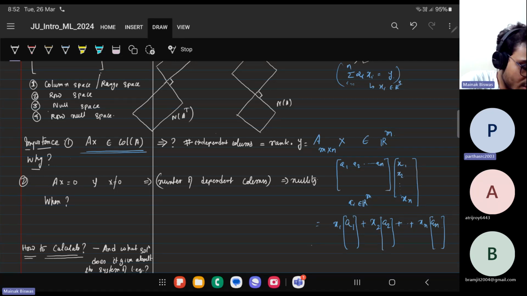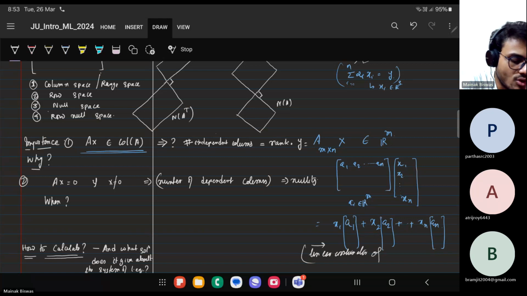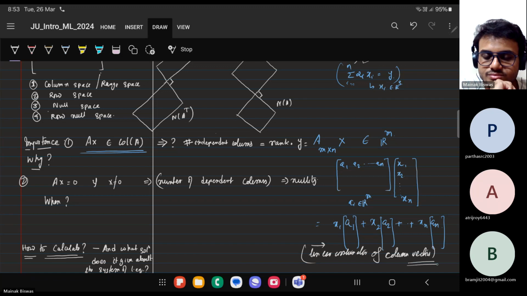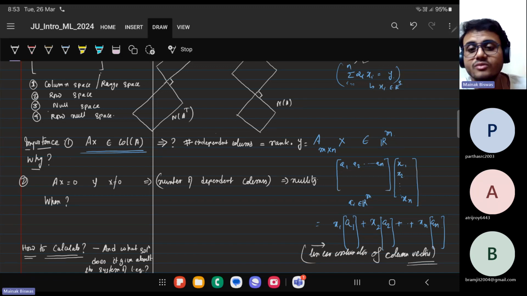This span is a linear combination of what? Column vectors. Yes or no? Agreed? A vector matrix multiplication is a linear combination of the column vectors of the matrix.